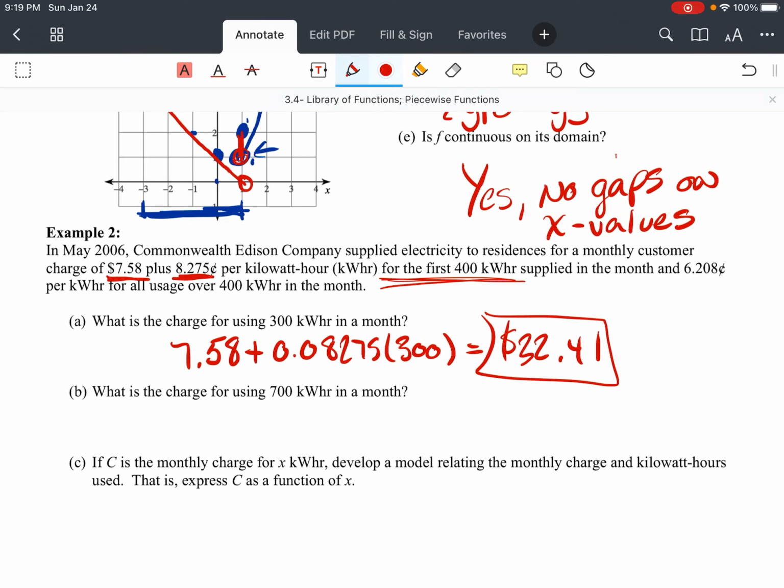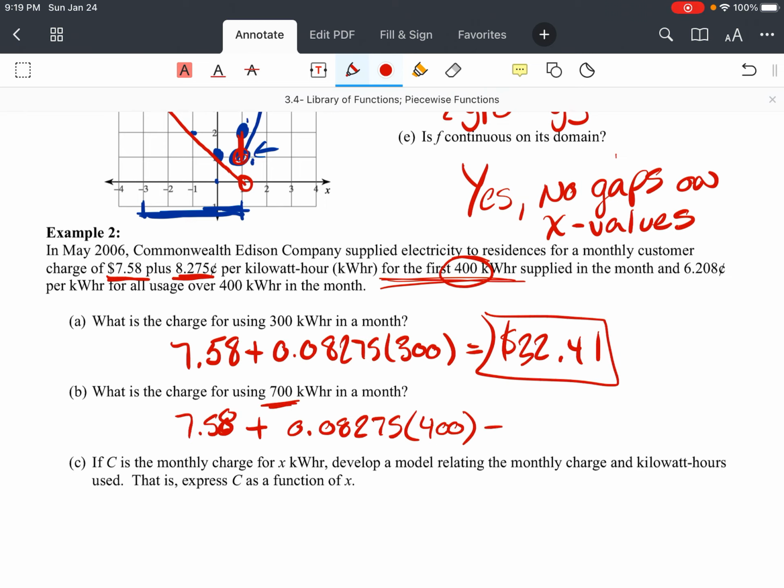Okay, now what is the charge for using 700 kilowatt hours in a month? Well, in this case, we're going to have to take $7.58. Again, this is our base charge, plus 0.08275 times the first 400 hours are at this rate, so it's going to be times 400.